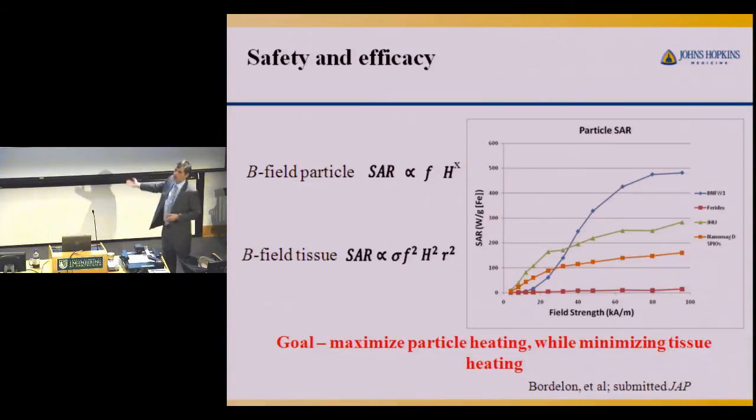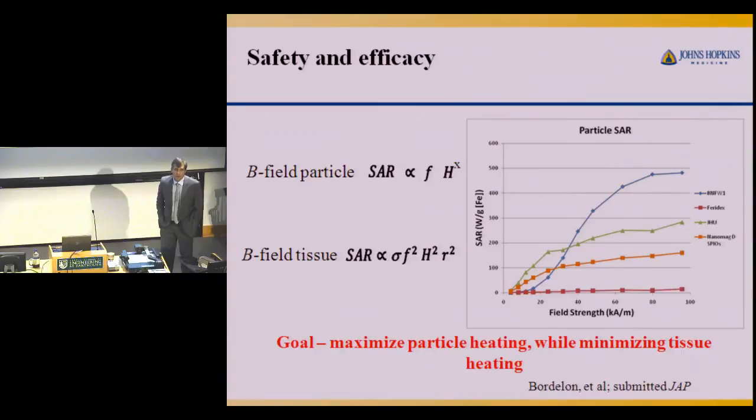So we really want to decrease the magnetic field or the exposure power, and that means that we want to increase the amount of power that we are able to generate from the particles for a given field. And so the green trace is the power curve for particles that we developed since I arrived there, the JHU particles.